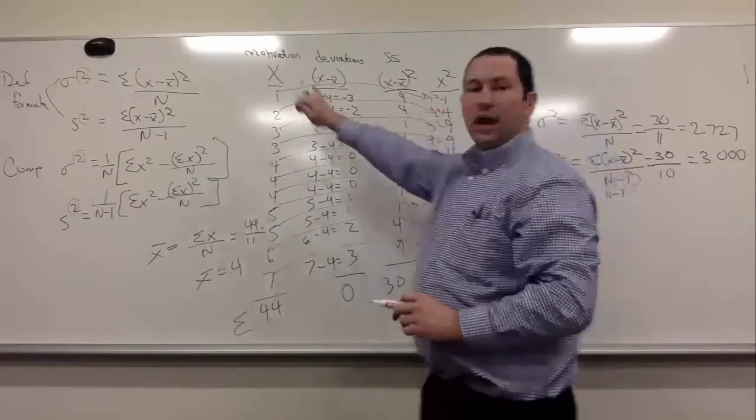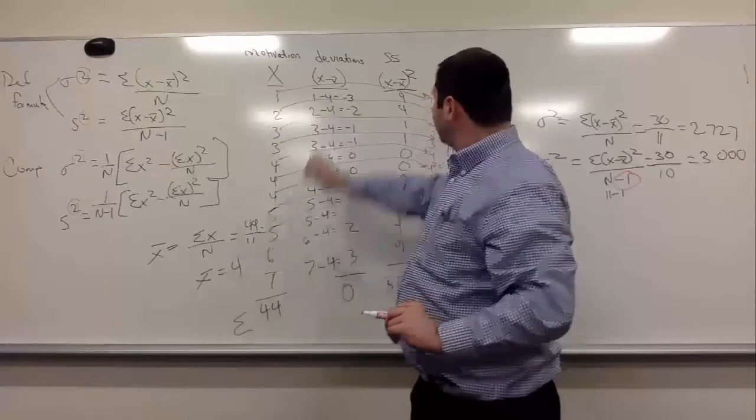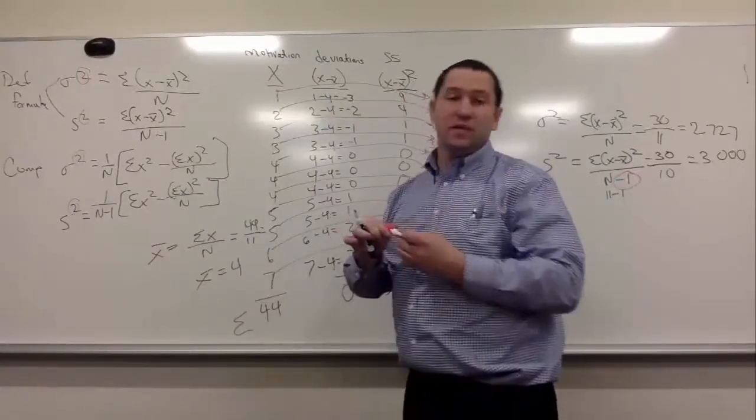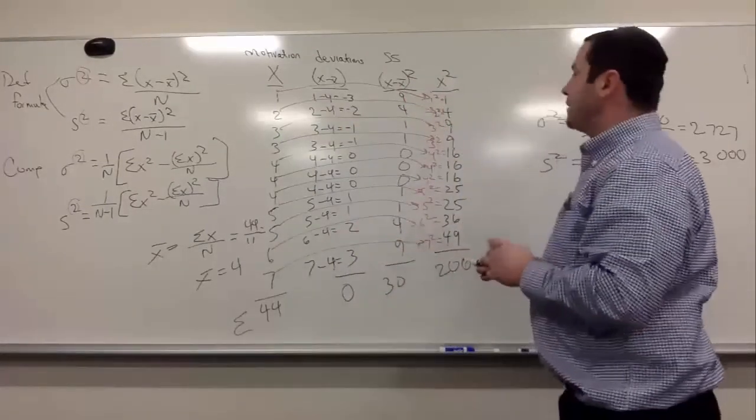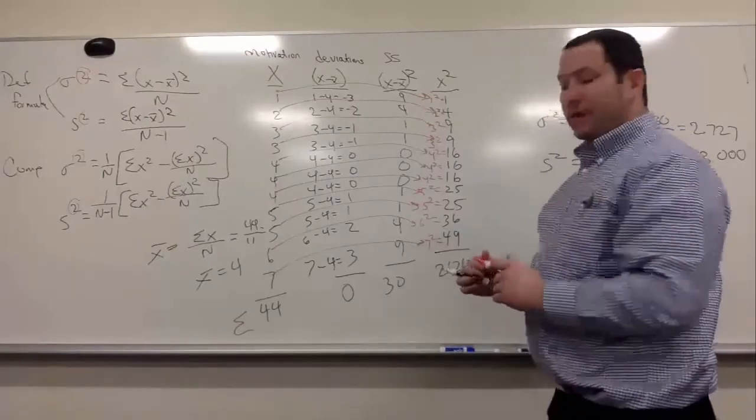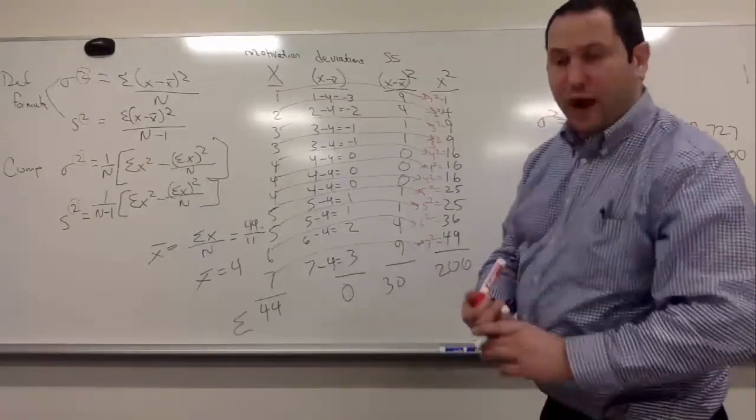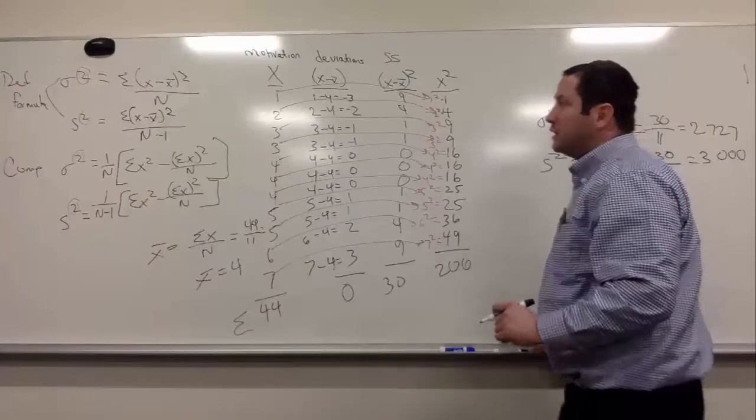So I'm taking the x column and squaring it, and if you do that, you should get 206. All right. So I'm going to rewrite the formula because it's good practice to rewrite your formulas.